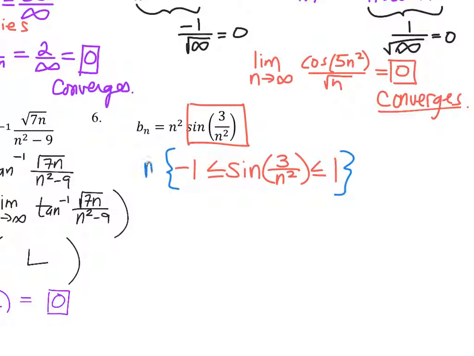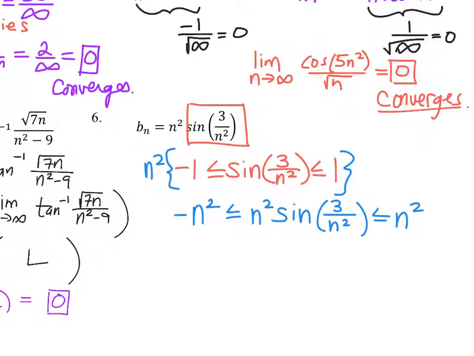I'm going to multiply by n squared, and that's going to give me -n squared is less than or equal to n squared times the sine of 3/n squared, which is less than a positive n squared.